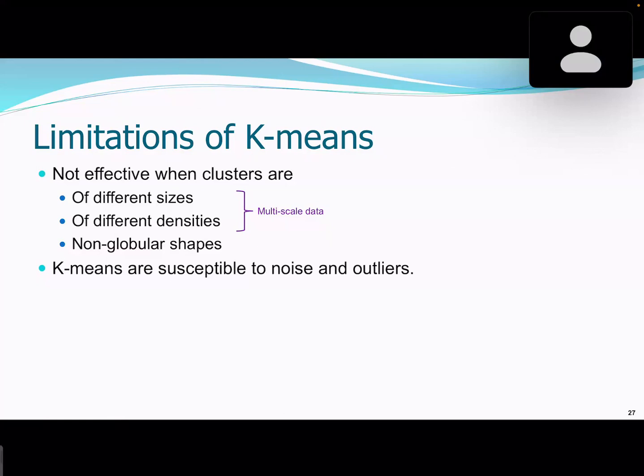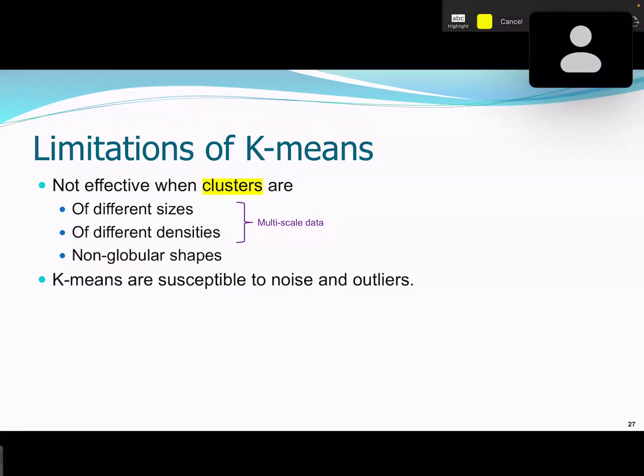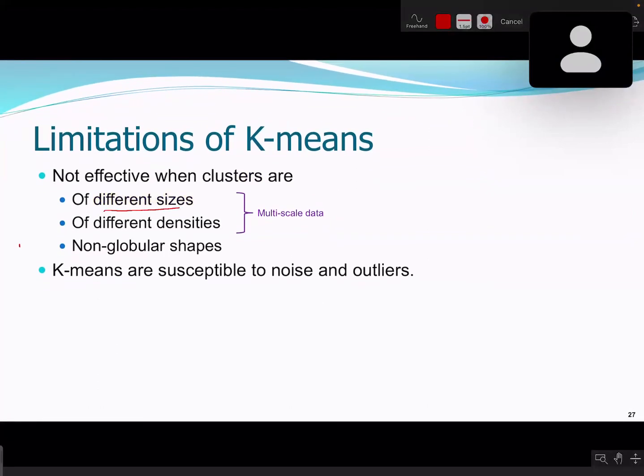First, if the data form clusters that are of very different sizes, or of very different densities, or the native clusters have non-globular shapes. In these cases, k-means doesn't give us a very good clustering result.